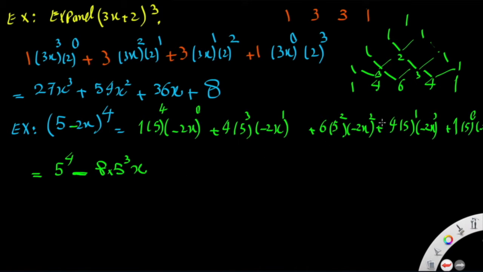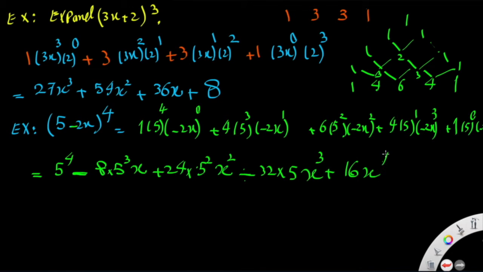Then here would be minus 2 to the power of 4, it would be plus 24 times 5 squared x squared, plus is 3 minus 8, it would be again negative 32 times 5 x cubed, and the last one will be 16x^4.